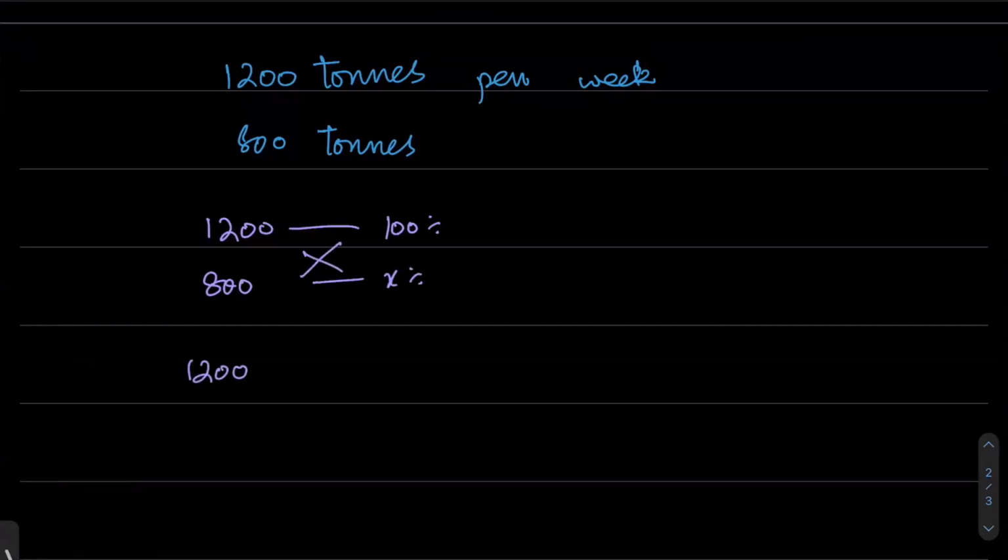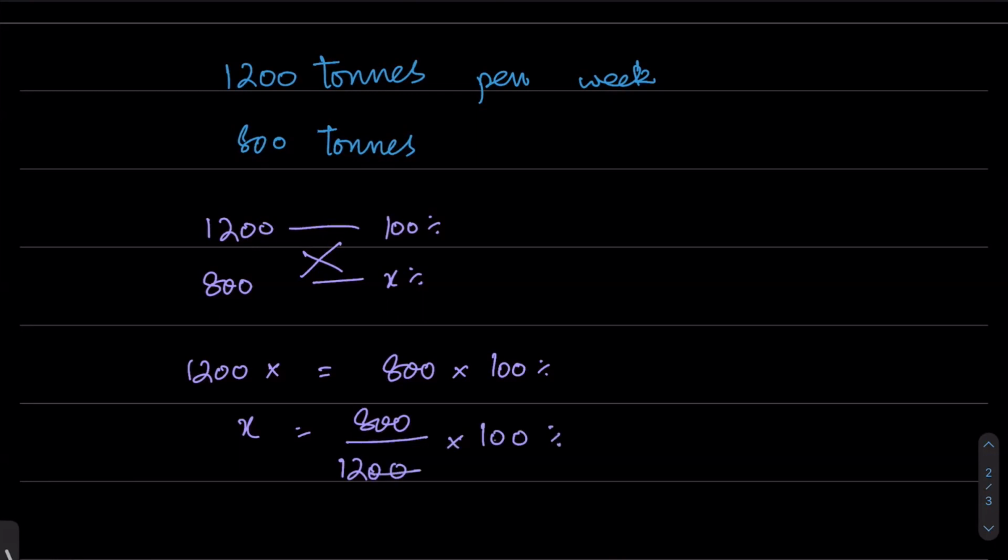So 1200x equals 800 times 100%. So x is going to be 800 over 1200 times 100%. So this comes out to be what? 66.7%.